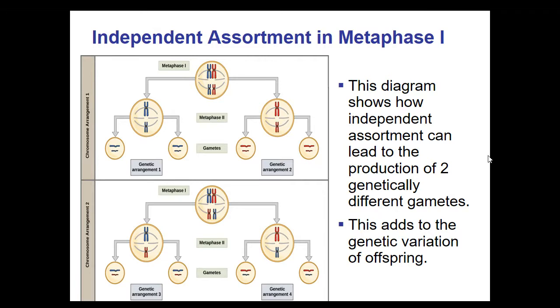I can hardly see that, I'm colorblind. Is that blue and red, blue and blue, red and red? I don't know. But there are four different combinations from just two pairs. If this was 23 pairs, it's something like 70 trillion combinations of chromosomes that are possible.